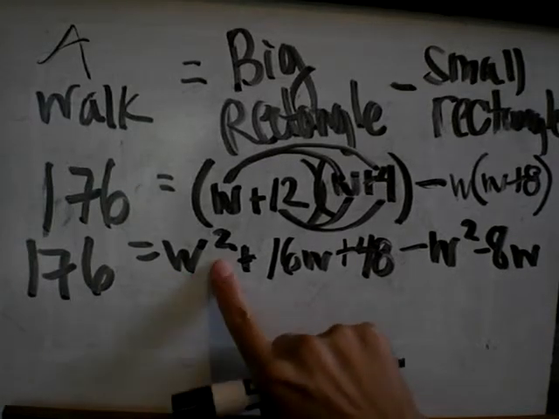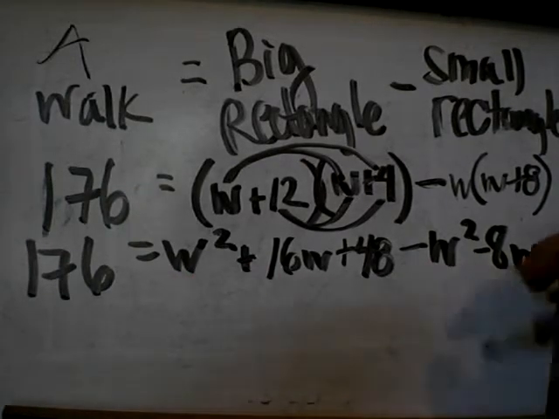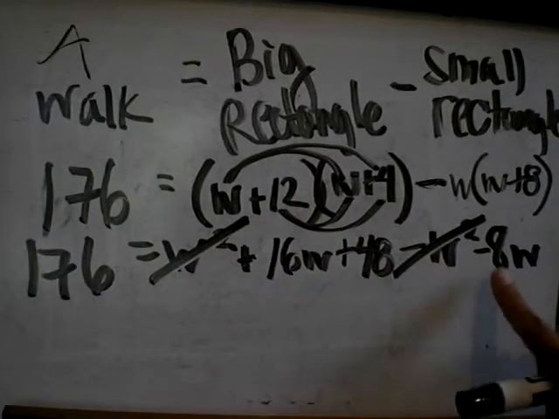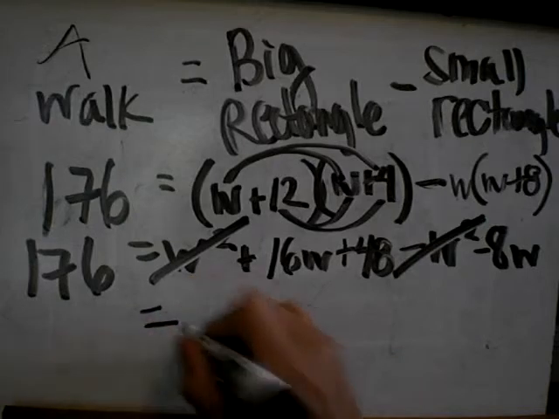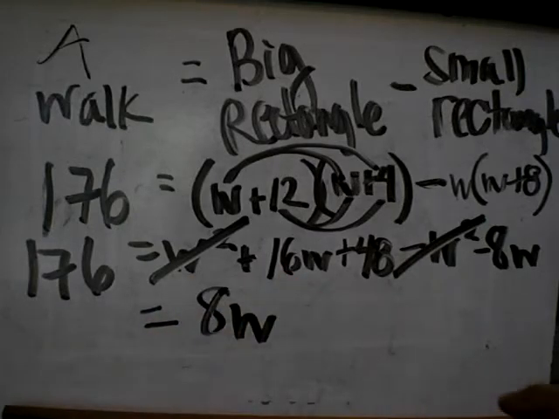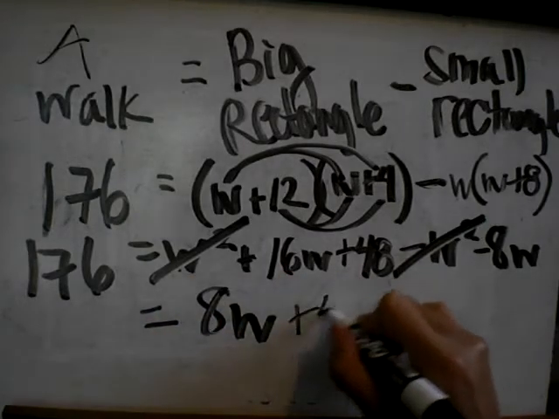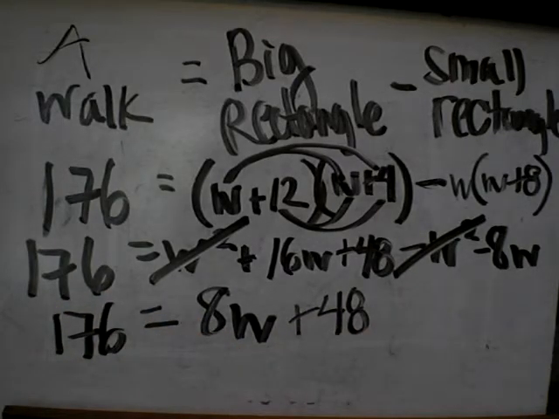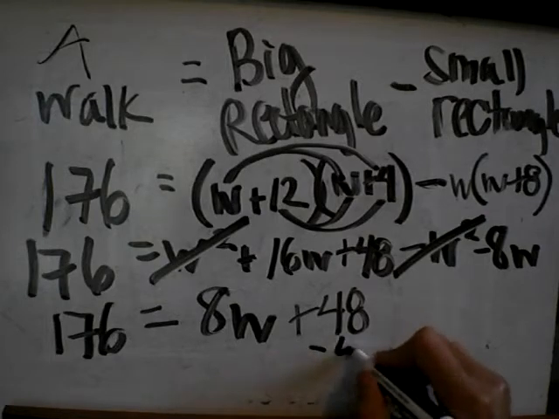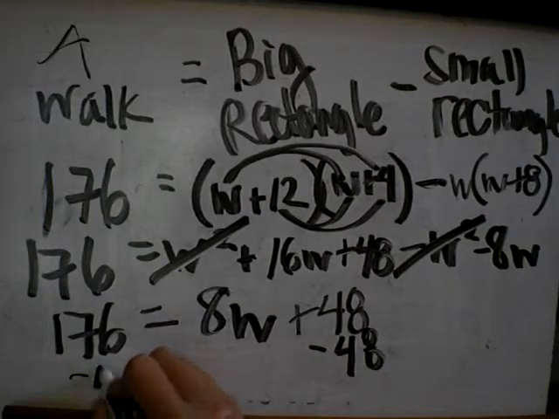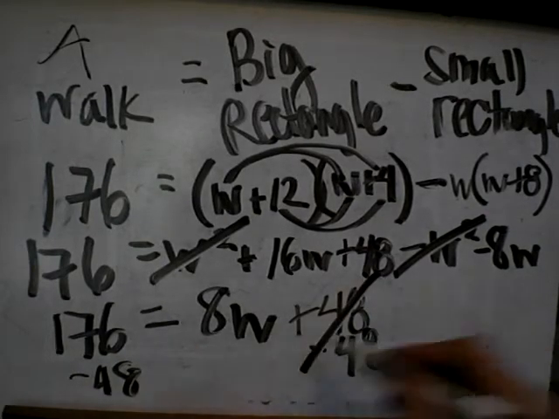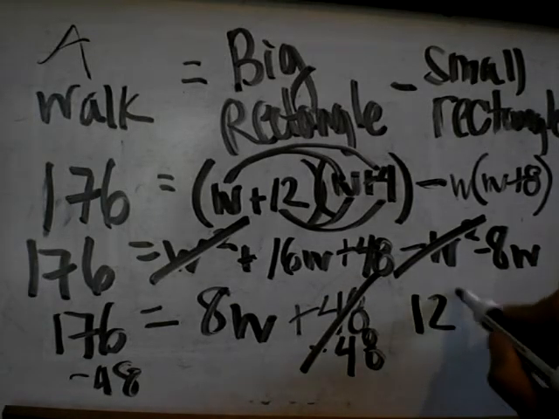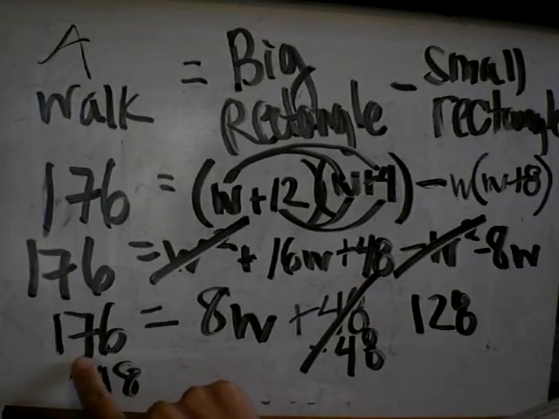We've got W squared and then minus W squared, so that cancels each other out, so that's 0. And then we have here 16W minus 8W, so that is 8W. Then bring down the plus 48. I'm going to bring down that 176. We can subtract 48 on both sides. So now I am left with 128. So this is 176 minus 48.